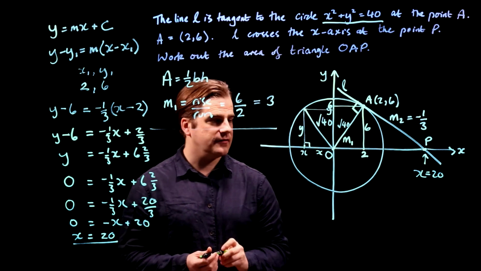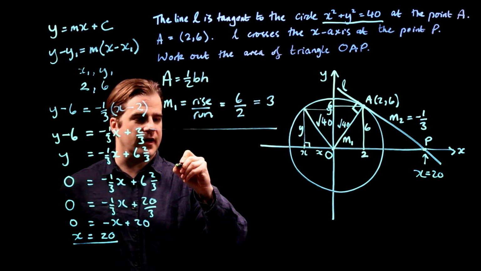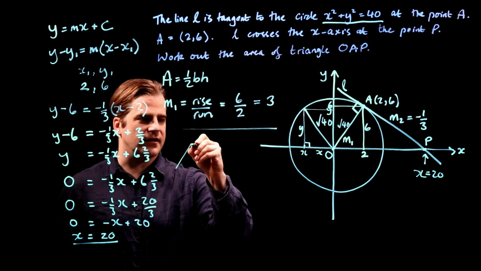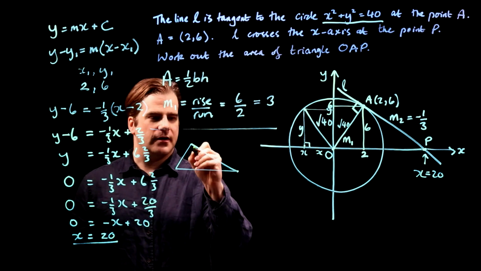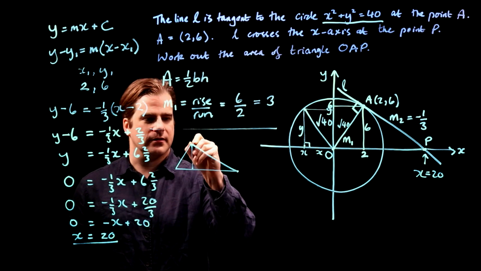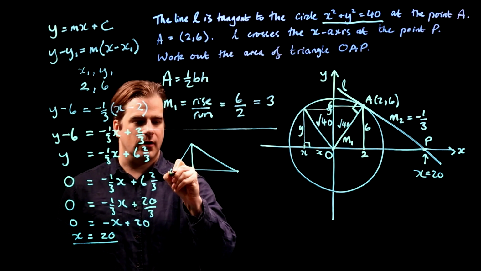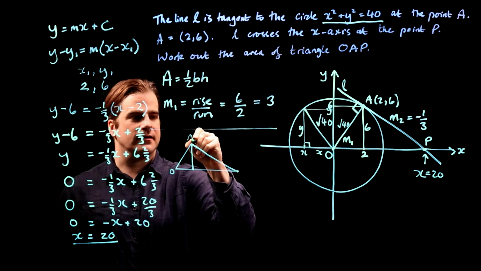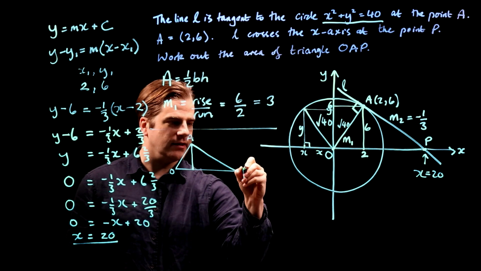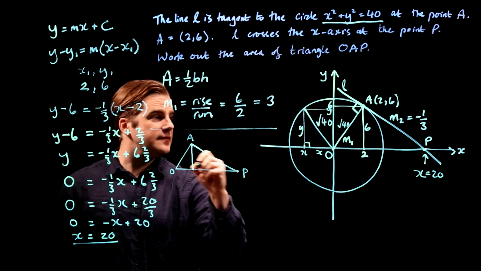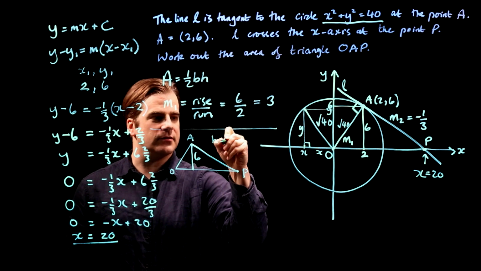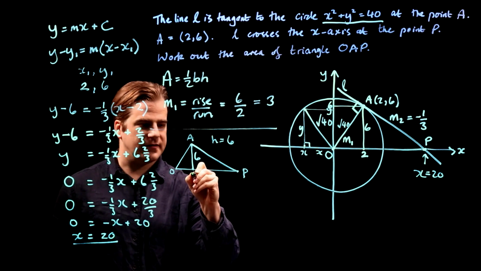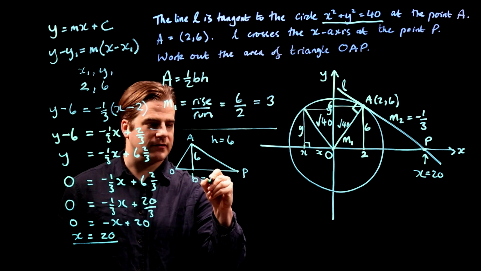So we've done it. We've reduced the problem to this. The height of our triangle, that's O, that's A, and that's P, the height is 6. h equals 6. The base is 20.